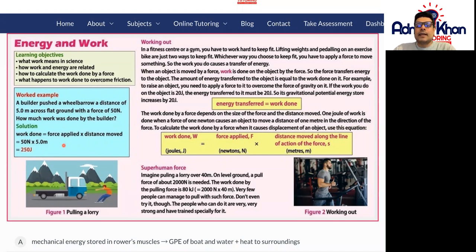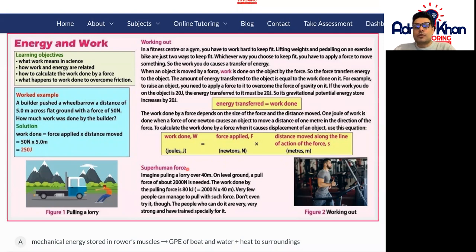And this was the energy that resulted. So the work that was done, in other words, was 75 joules. And if you were to transfer that into kilojoules, it will basically be 0.075 kilojoules.